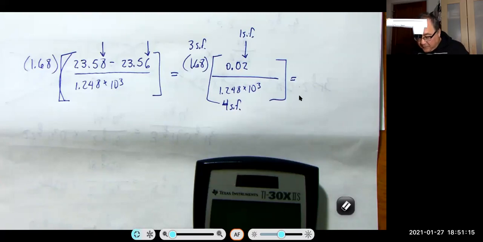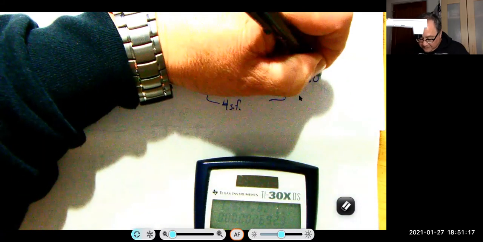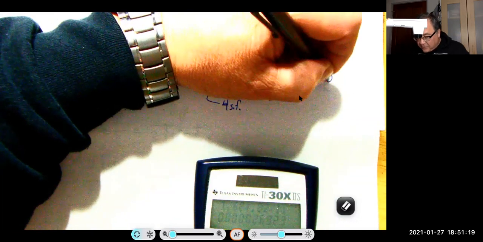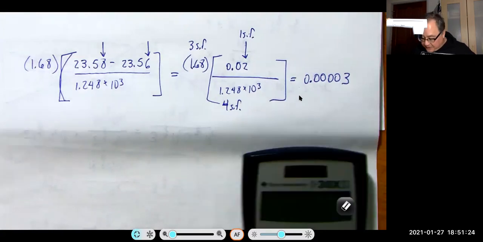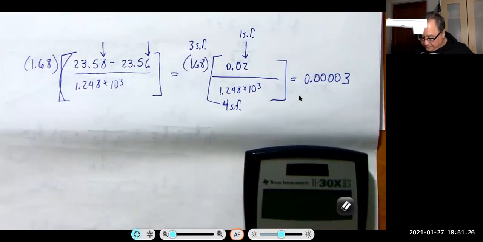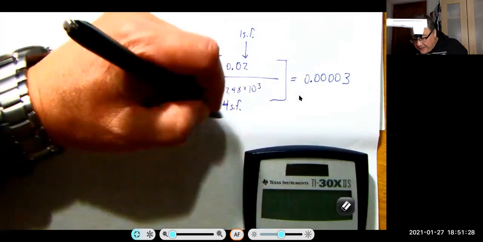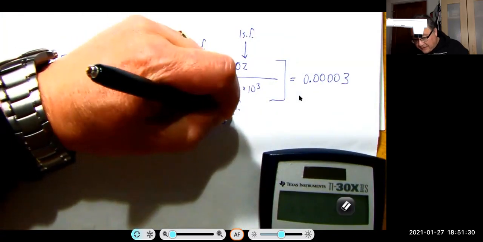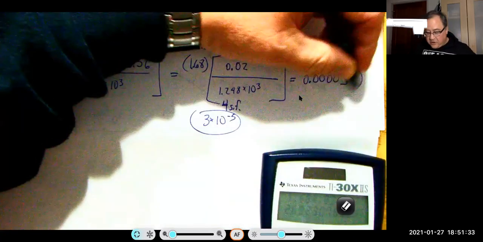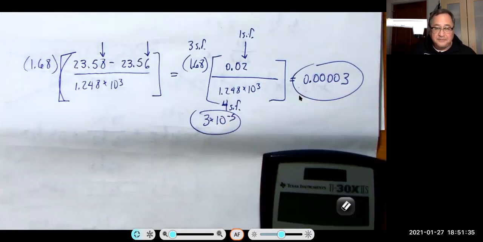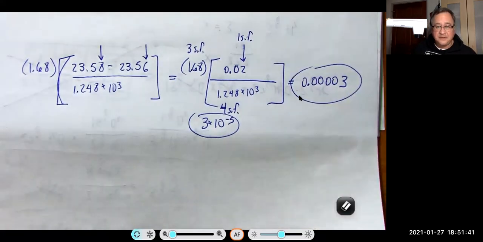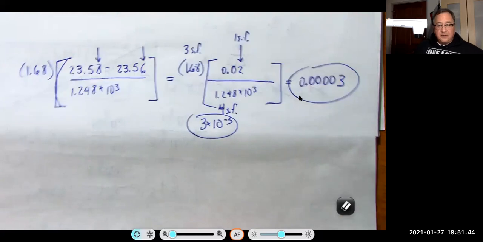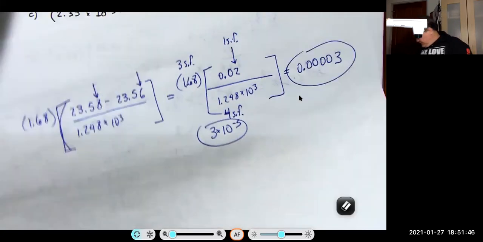And I get 0.00003. If I put this in scientific notation, I get 3 times 10 to the minus 5. Those are the same answer, and 1 significant figure is the end. Any questions there? Okay, we're going to go ahead and move on.